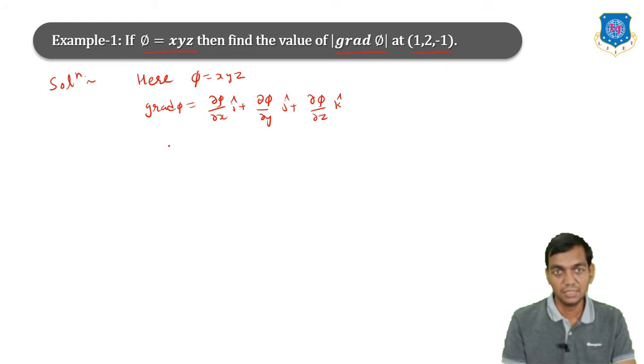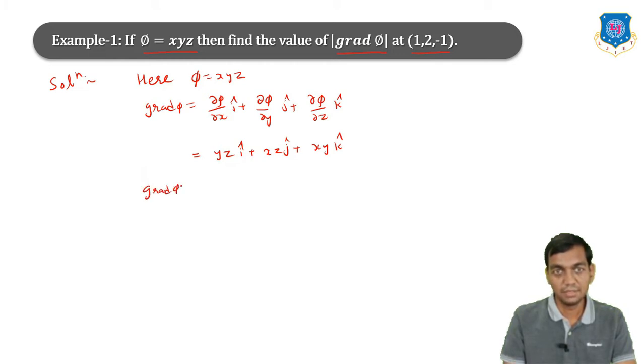And if we are finding the derivative with respect to x, then you will have yz into i. In the same manner, derivative with respect to y is xz into j. In the same manner, derivative with respect to z is xy into k.